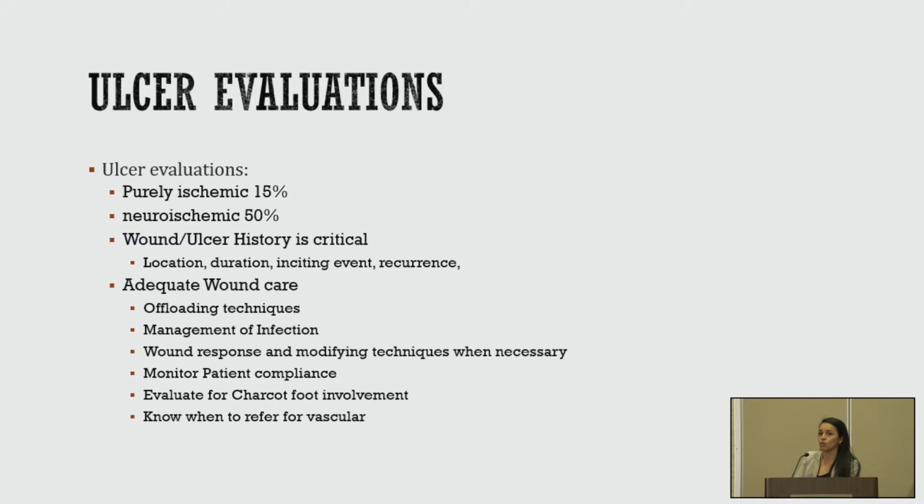So when you're taking an ulcer history, you want to make sure you identify not only the location, but the duration, the onset, what kind of activity this patient has been undergoing. Has this patient been hospitalized for this particular ulcer before? And if this patient is currently infected.